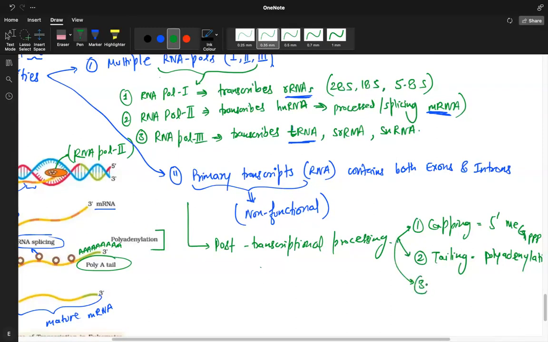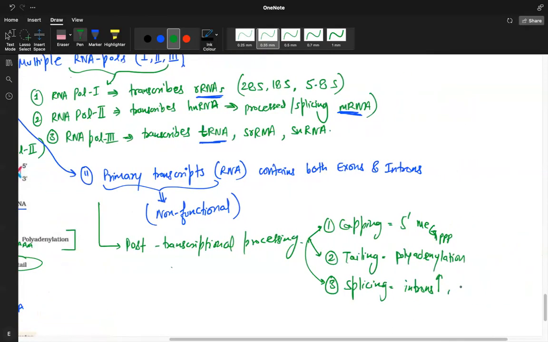And the third thing is splicing. This is the most important thing. Splicing is where you cut out introns. So introns are out and exons are in, stitched together. In and out.